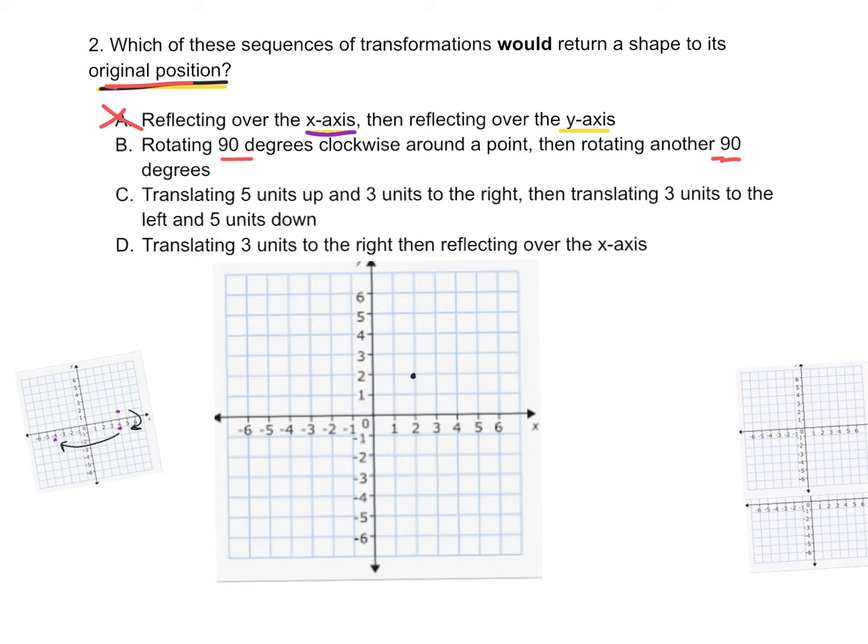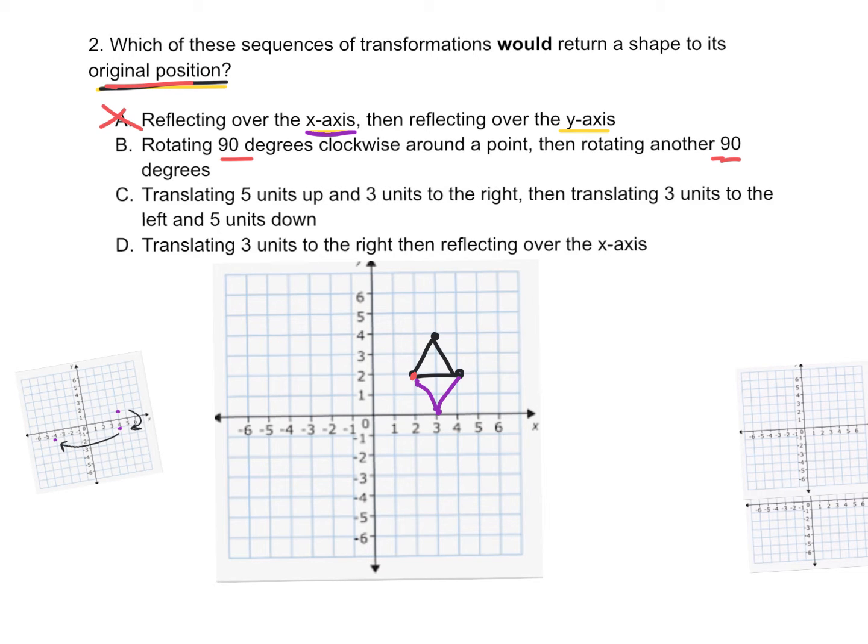So let's say I have a triangle. Here's my triangle. I'm going to rotate it around this point right here. If I go 90 degrees, that's going to be one turn. So I'm going to turn this once. It looks something like that.